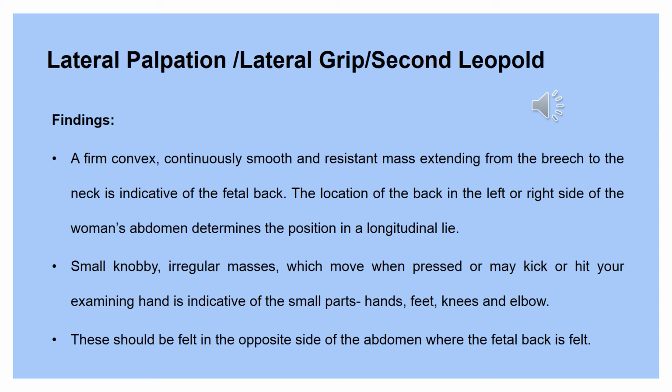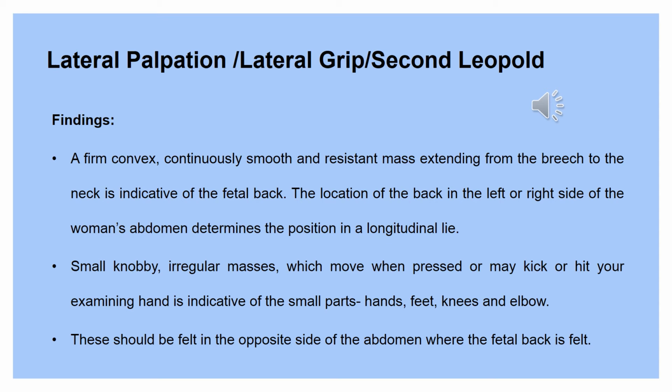A firm, convex, continuously smooth and resistant mass extending from the breech to the neck is indicative of the fetal back. The location of the back in the left or right side of the woman's abdomen determines the position in a longitudinal lie.